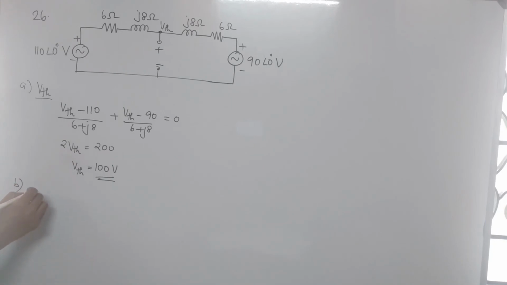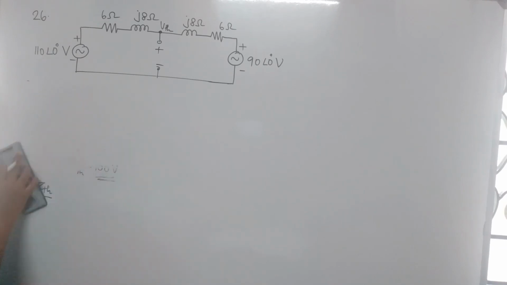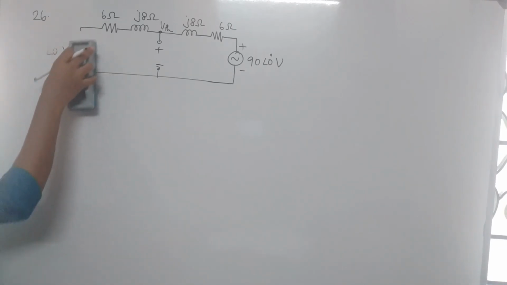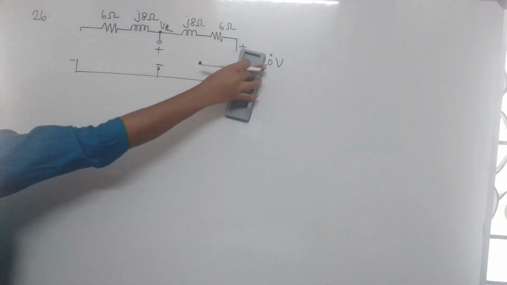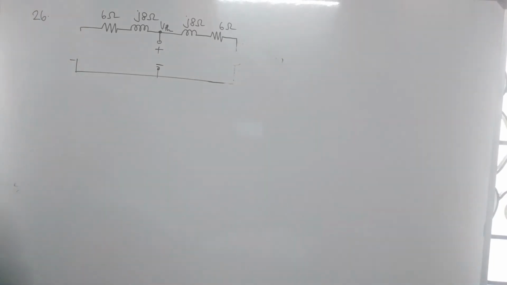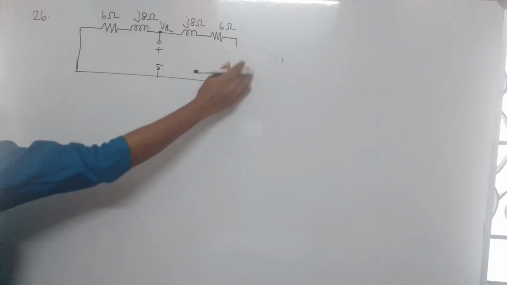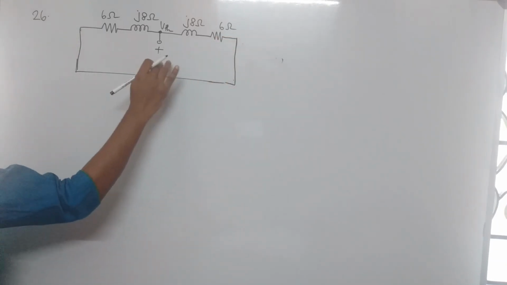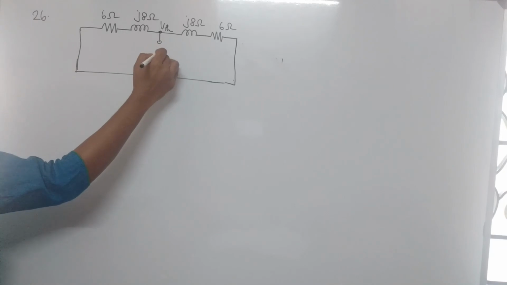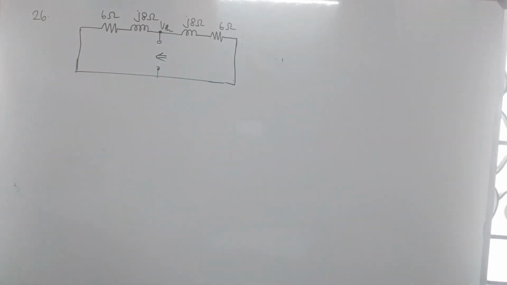Now to find out ZTH. Since the circuit contains impedances, we have to deactivate the sources. So let me do it in the same circuit itself. We can remove these two sources and replace them by short circuit. And we can find out the effective impedance when you look from this point.